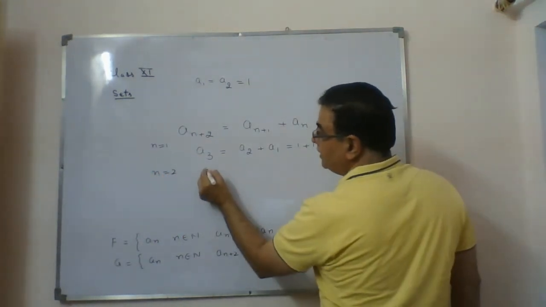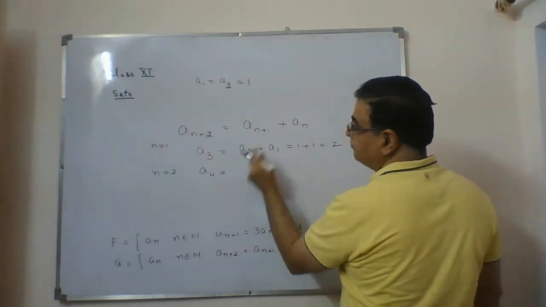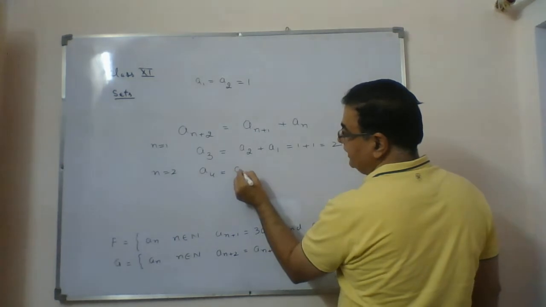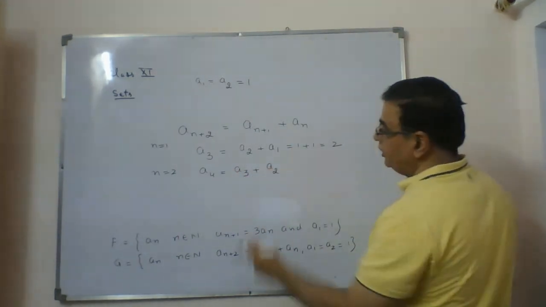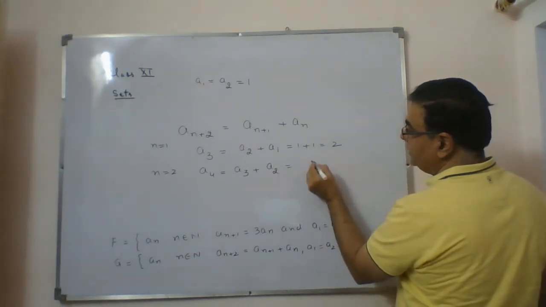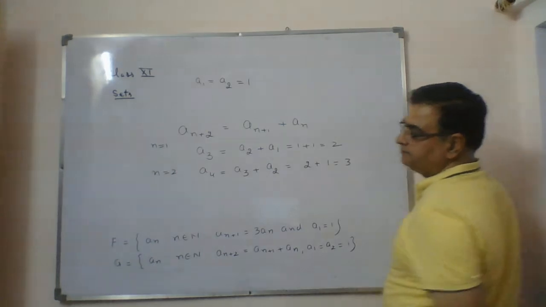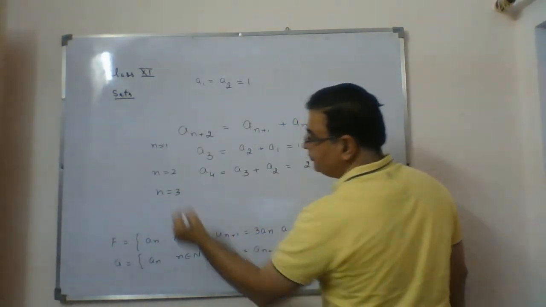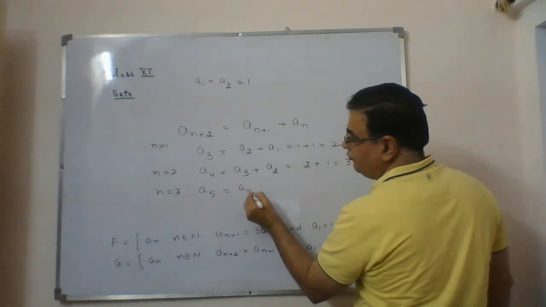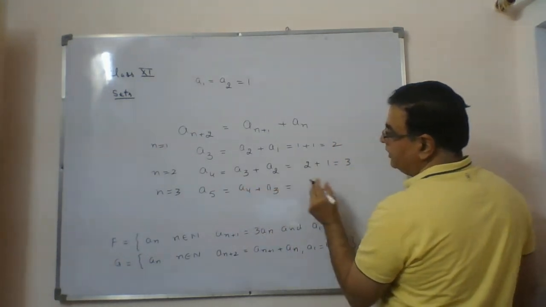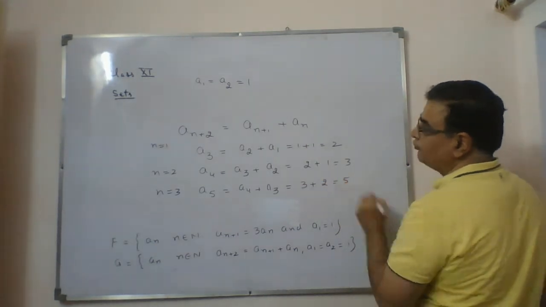What will it come? a4, which is a3 plus a2. a3 will be 2 plus a2 is 1. It will come out to be 3. In the same way when you take n as 3, it will come a5 is a4 plus a3. a4 will be 3 plus a3 will be 2. Comes out to be 5.